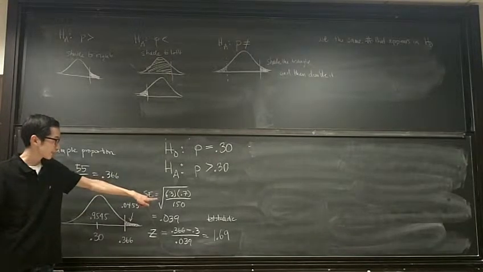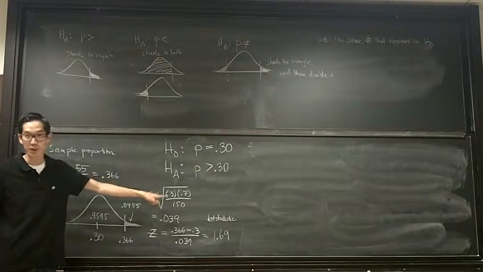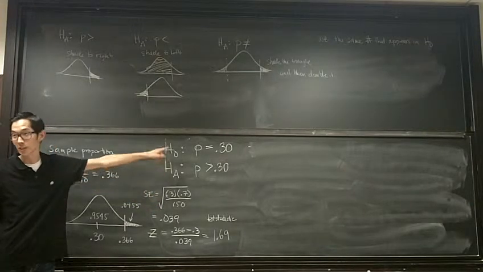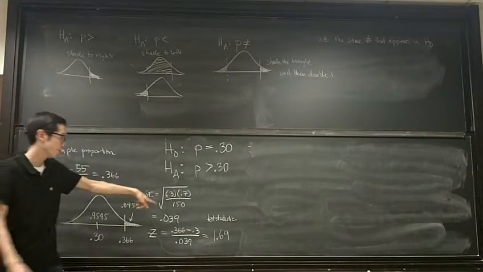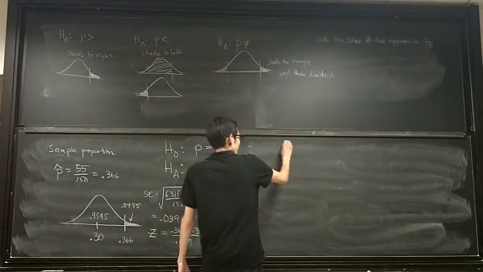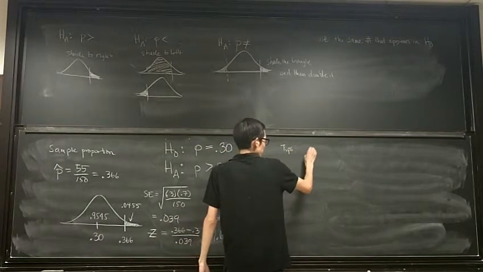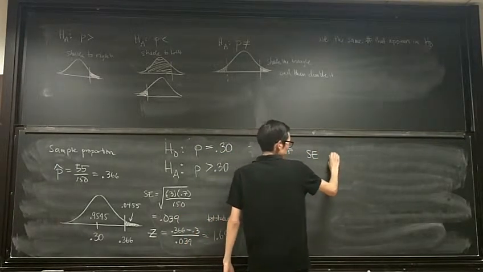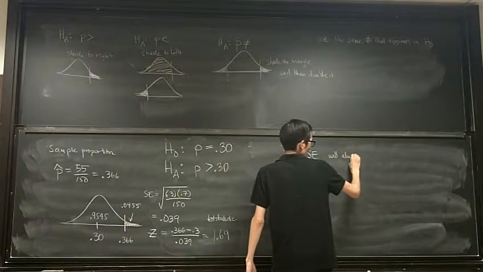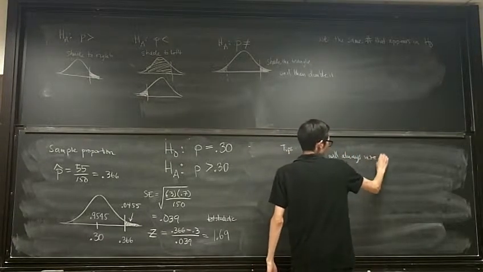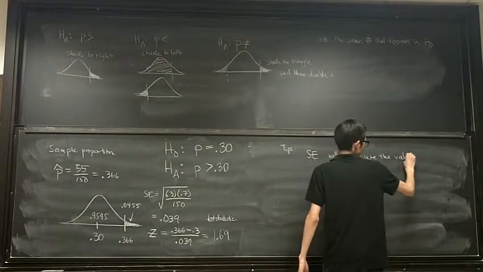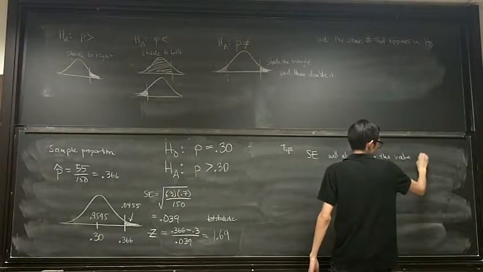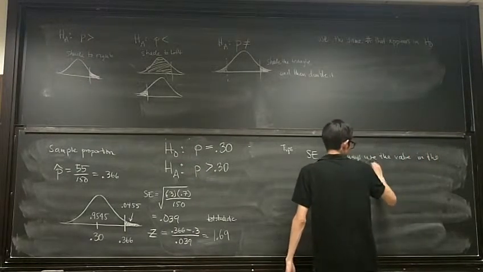Well, for hypothesis tests, your standard errors will always use whatever appears in your hypotheses, okay? So, maybe these are just some tips. The standard error will always use the value in the hypothesis.